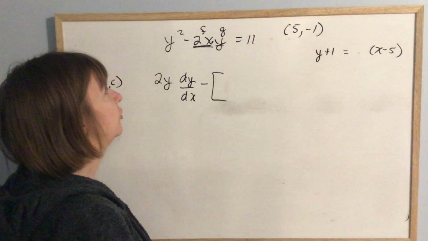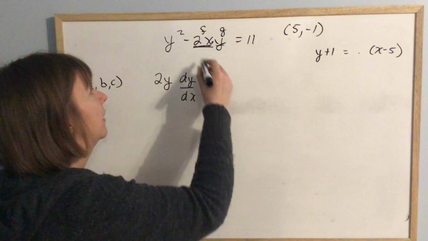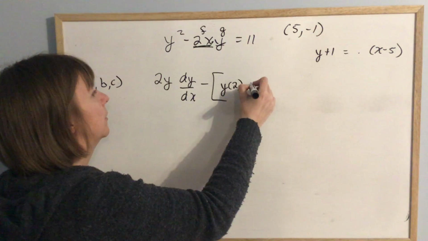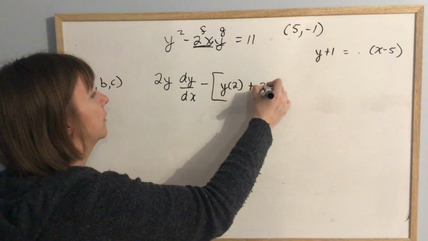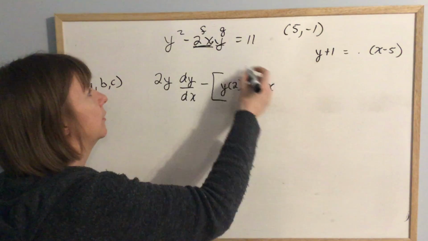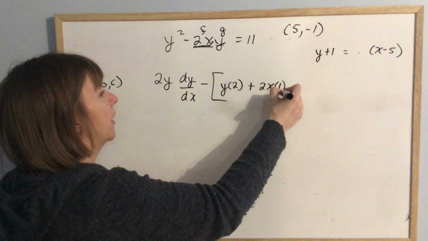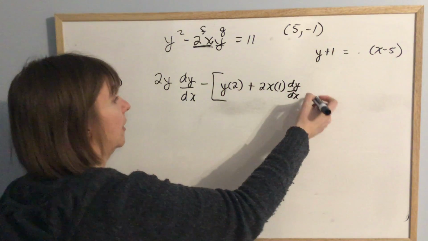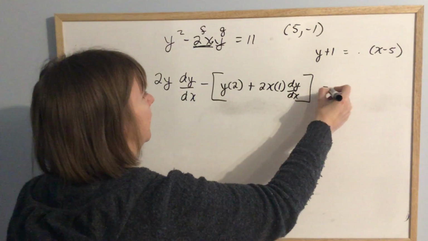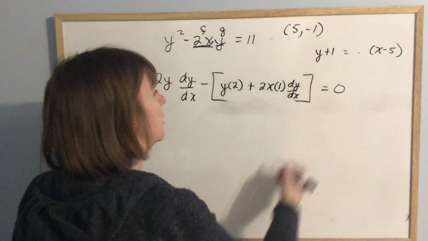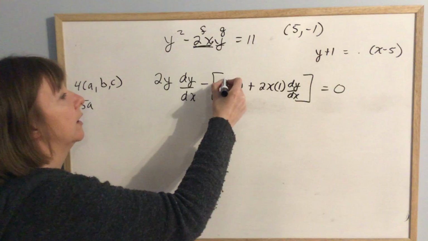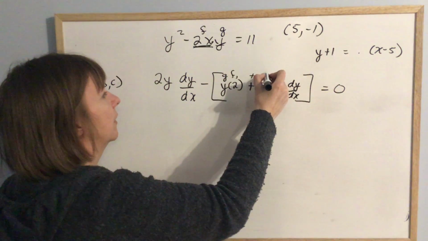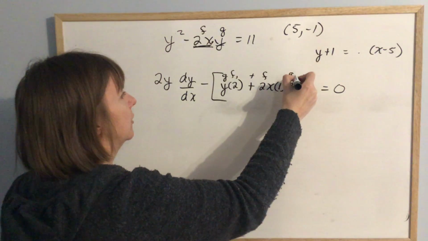So g is y, f prime is just 2, plus f is 2x. The derivative of y is 1, but again, I have to say I did the derivative of y with respect to x. And that's equal to the derivative of 11, which is nothing. So again, this is just g f prime plus f g prime.